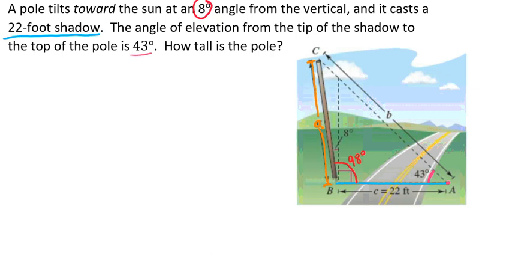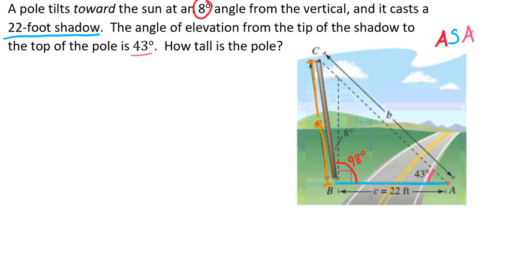Because this isn't a right triangle, that makes it an oblique triangle, so hopefully we can use either the law of sines or the law of cosines. Looking at what was given, we have an angle, our 98 degrees, a side, which is the length of our shadow, and then our other angle, the angle of elevation.